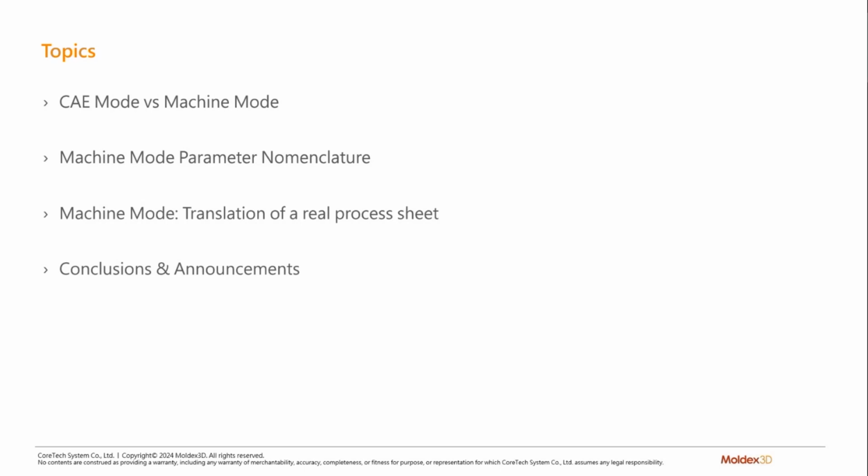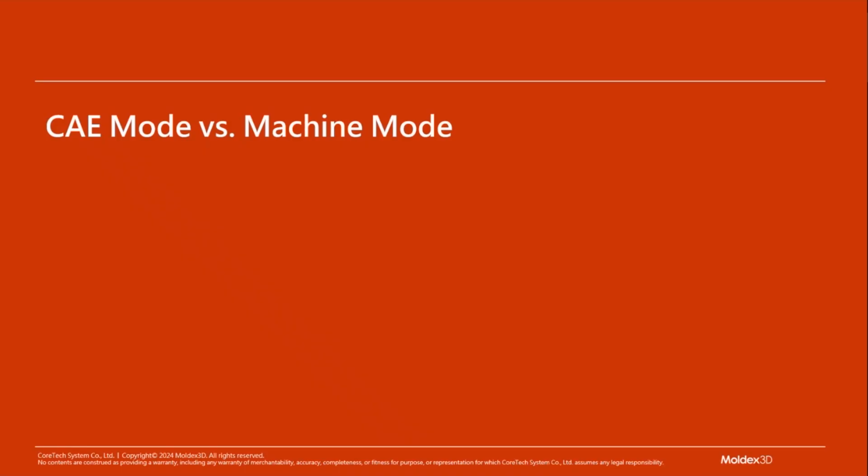So we'll be looking at those parameter setups and transforming the real process sheet into machine mode in the simulation world, and then understanding the different types of process setups that we have, CAE mode versus machine mode 1 and 2, and then conclusion.